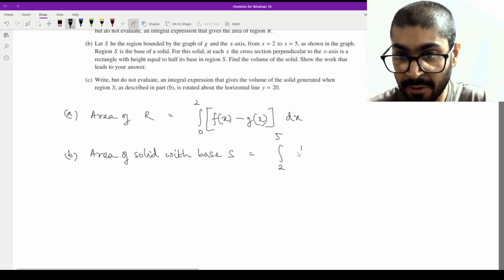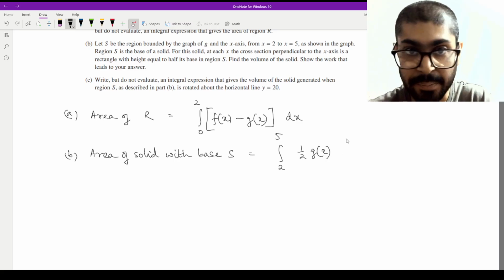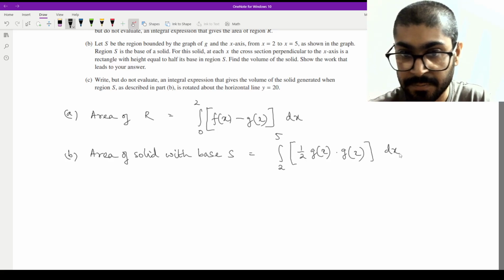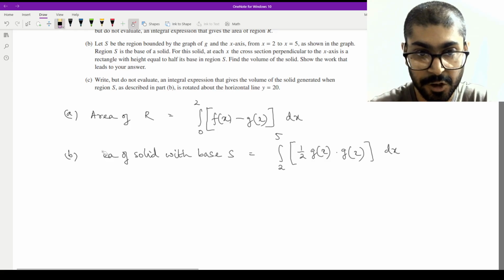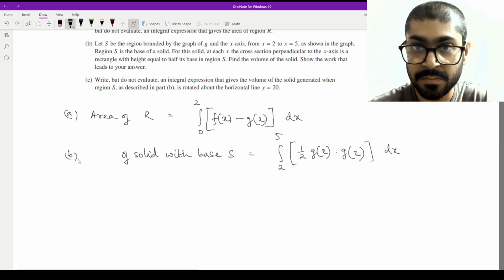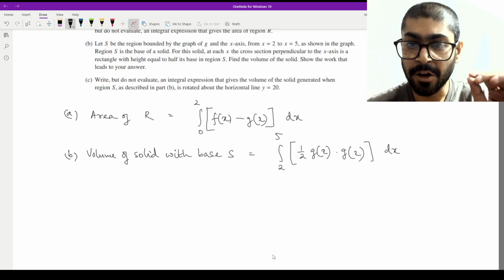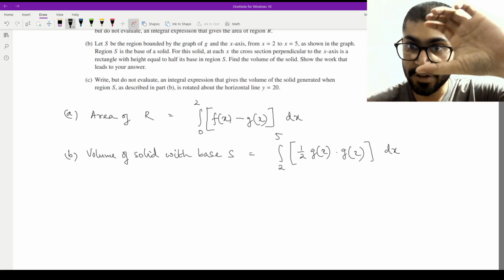This will be half of g(x), that is height, and base, which is just g(x) dx. So, well, volume. Volume, because we are integrating the cross section.